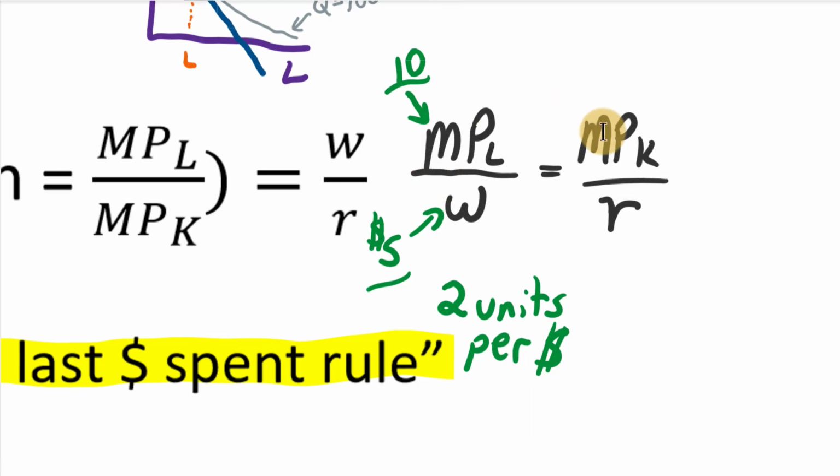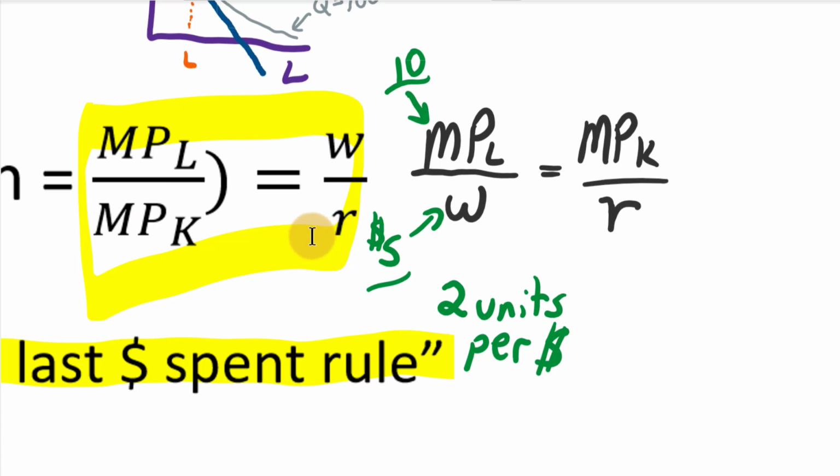This rule just says that has to be true for our machinery, for our capital as well, if we are doing things in the optimal way. Because all we've done is rearrange this equation that says we're minimizing costs, because the slope of the isoquant is equal to the slope of the isocost.